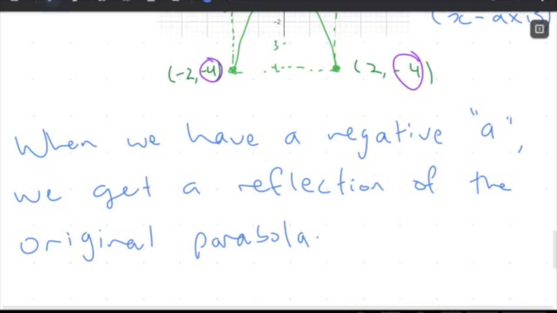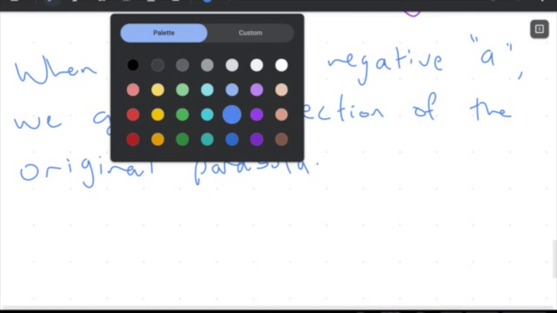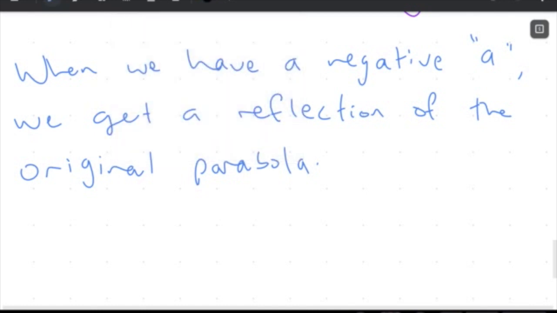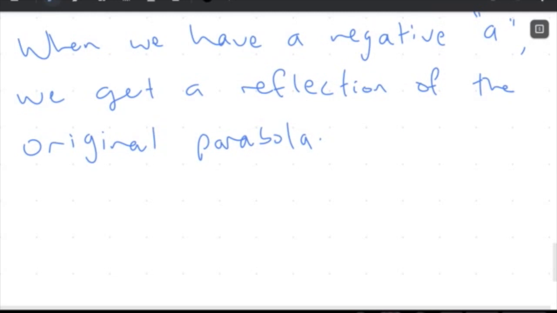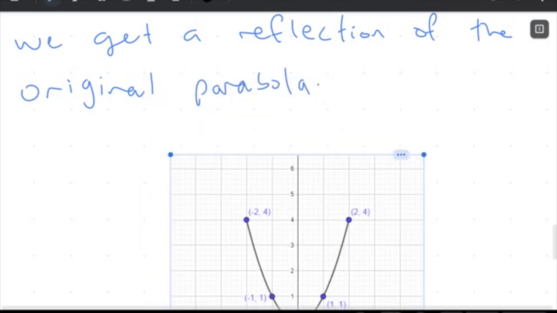Now, let's try one more example. And here we are going to try to sketch a parabola. And this is going to bring together everything we've learnt so far about dilations as well as reflections. So I'm going to copy paste my grid again.